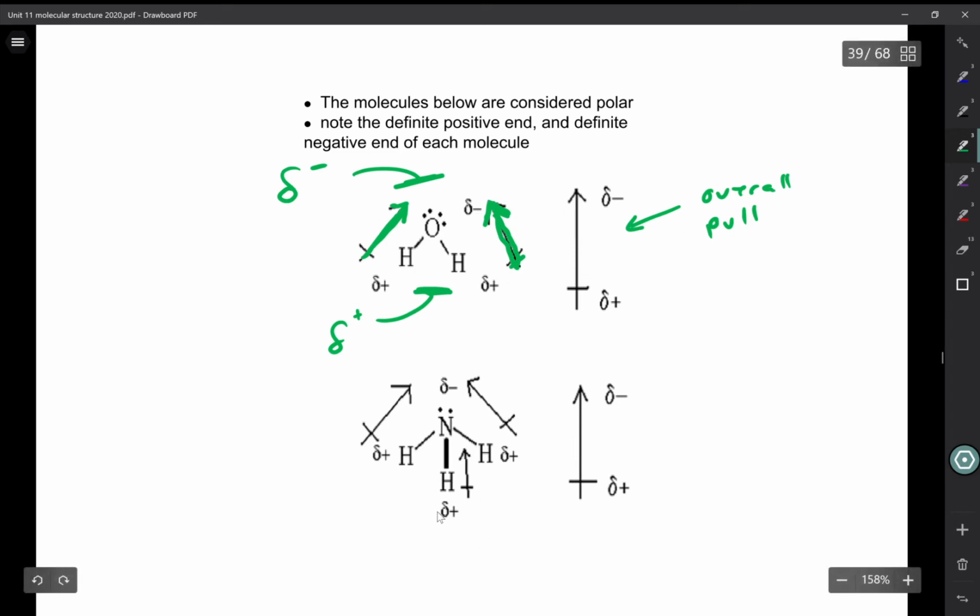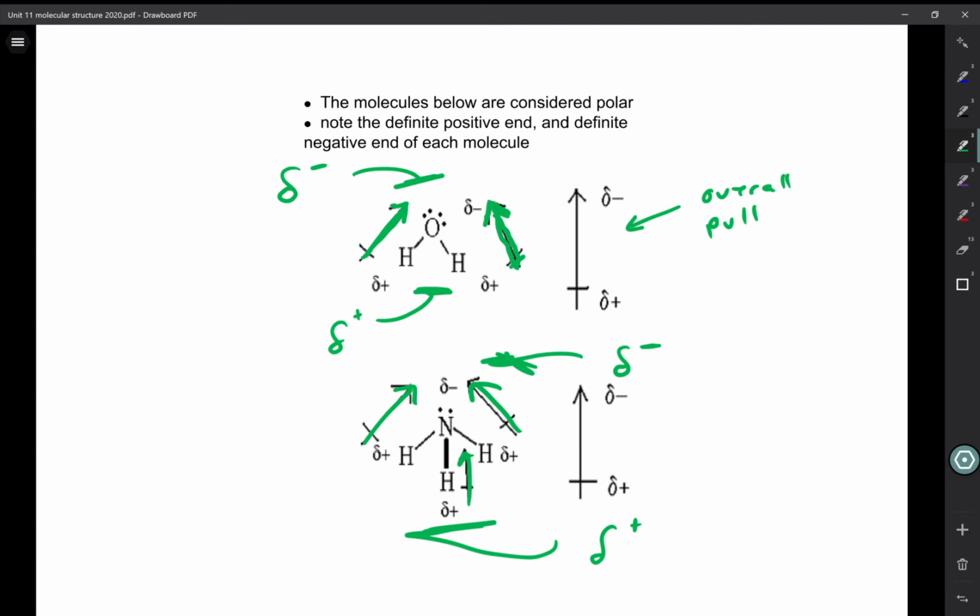Nitrogen is more electronegative than the hydrogens, so you have an overall direction. All of the electrons are going in one direction, which is towards the nitrogen. So your nitrogen is a partial negative end, and your three hydrogens, partial positive end. So again, that's a polar molecule.